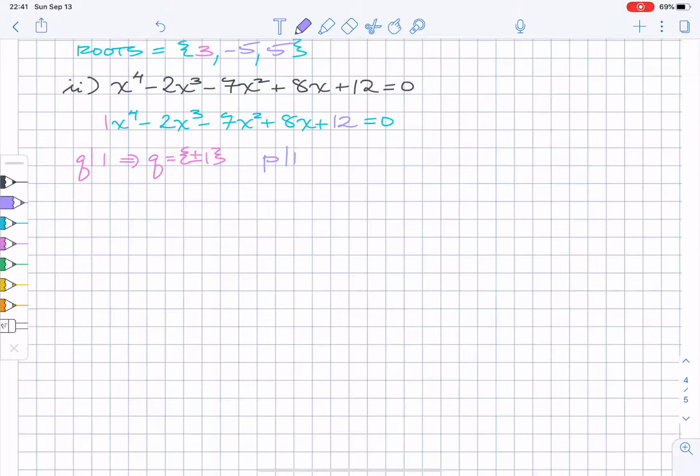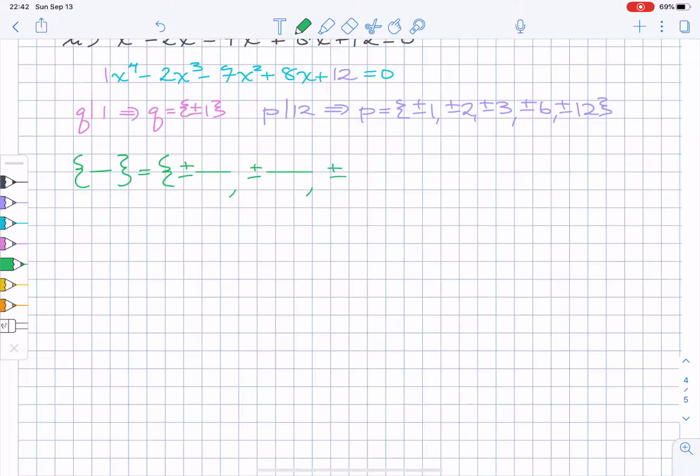Okay, so therefore the set P over Q, we know that division by plus or minus 1 is just going to change the signs. So all the plus or minuses become minus or plus, which is equivalent.